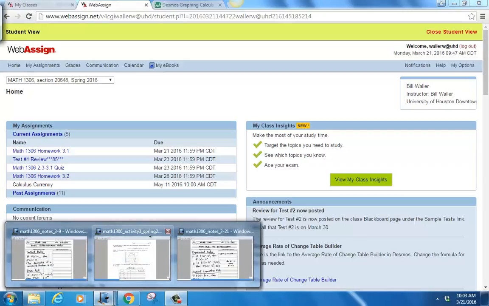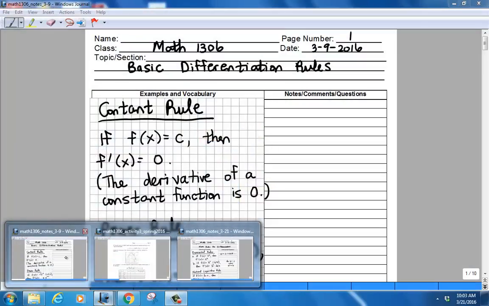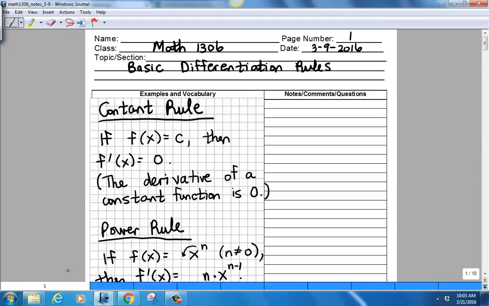I want to review some of these differentiation rules that we learned right before the break last time, and we really talked about them pretty quickly. So we want to do some more examples, or let you work on some more examples here today, so that you can do well on that homework 3.1.